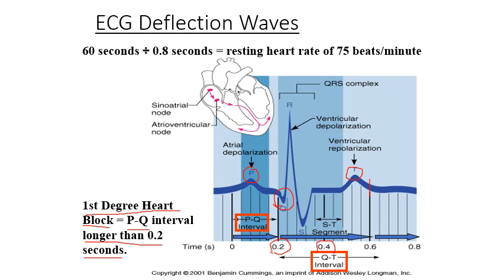That means there is something wrong with the conduction between the atrium and the ventricle. This is what we call first degree heart block, a problem in the conduction between the atrium, the SA node, and the ventricle.